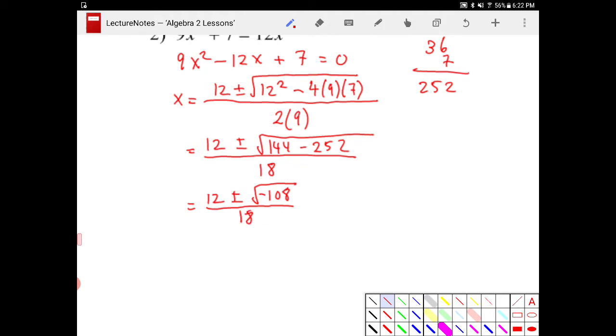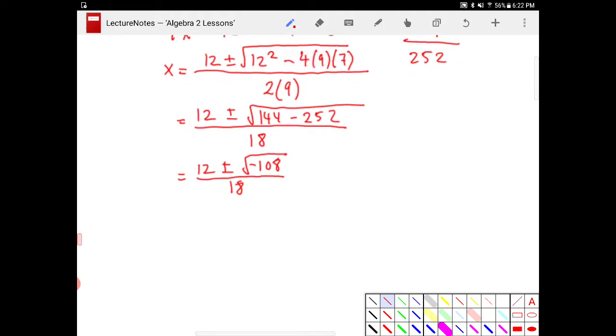And all over 18. And if you look at this right now, again, we have that same scenario as before. And like I said before, the approach that we're going to take is to separate out the square root of negative 1, the part that's imaginary, from the part that is real. So this square root of negative 108 becomes square root of 108 times square root of negative 1.